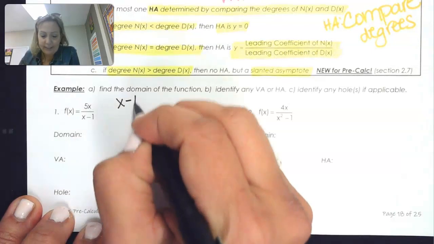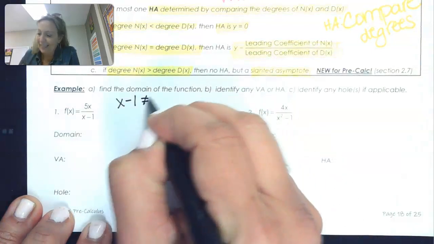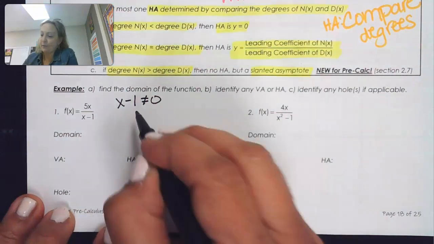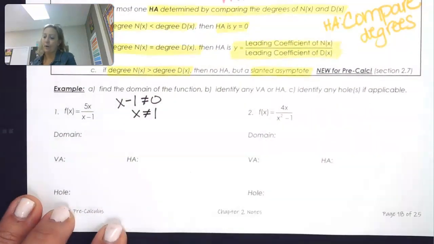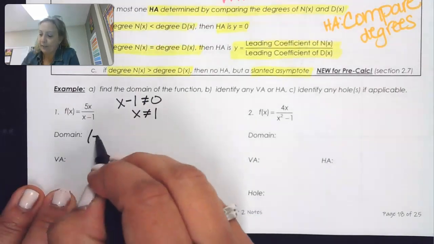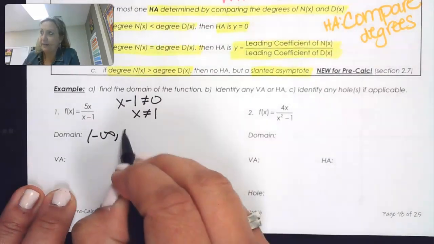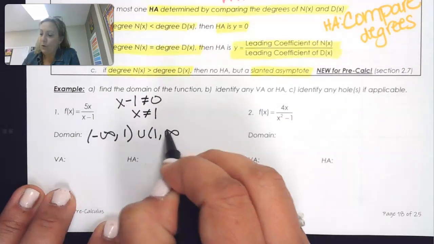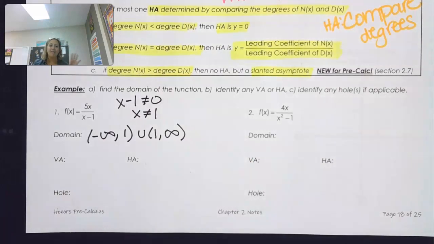We know that the denominator cannot equal 0. So x minus 1 can't equal 0, x cannot be 1. That means that it could be any real number except for 1. So we're going to start at negative infinity, go to 1, and then union that with 1 to infinity. So everything except that number 1.